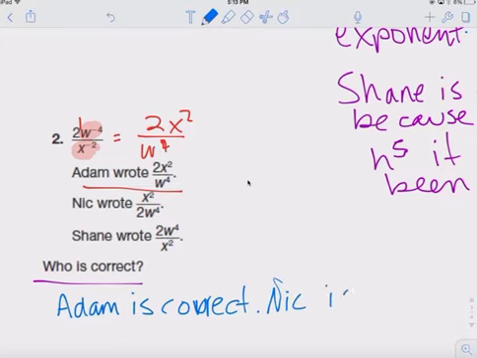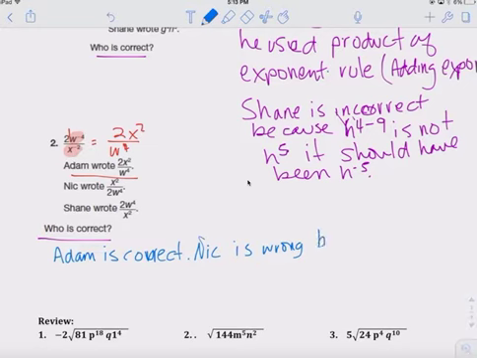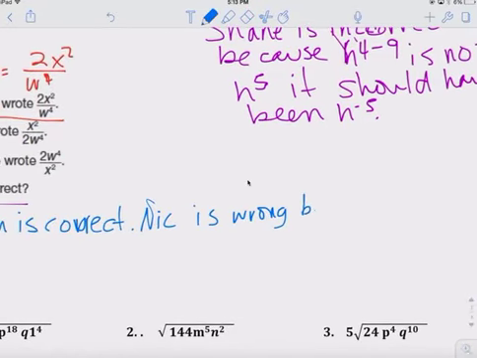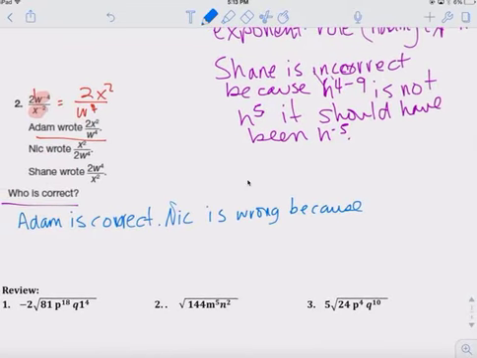Nick is wrong because he moved it, he should keep the 2 on the numerator.